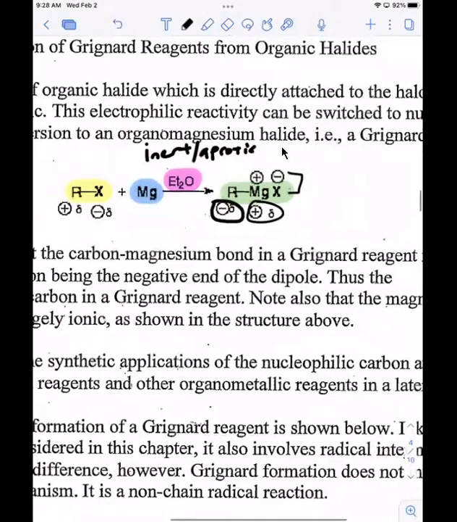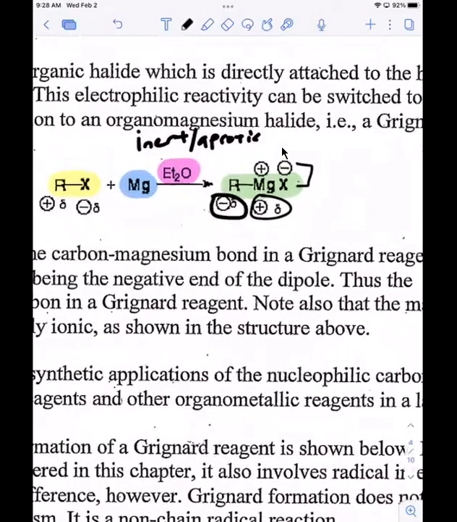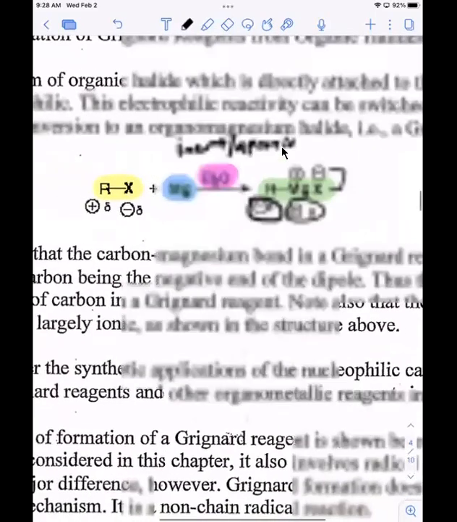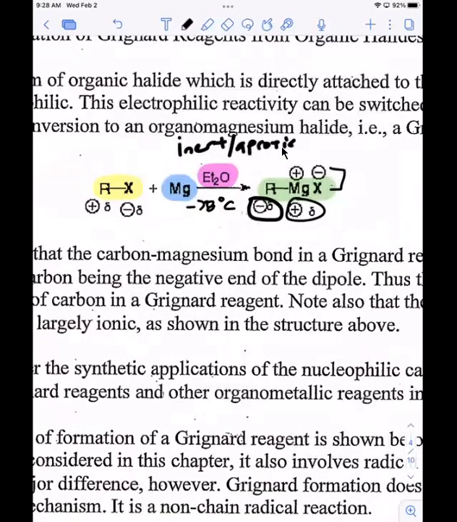Let me add another: it's actually -78. The temperature has to be kept cold as well, at -78 degrees Celsius. Very, very cold. You basically make a bath with dry ice, and you pour acetone over it, and that'll bring that reaction down to that temperature.